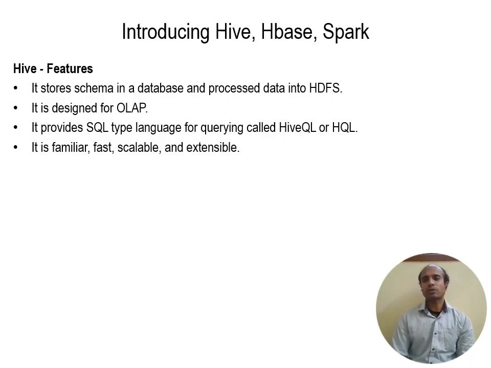I want you to find out what this OLAP is. Another feature is it provides an SQL type language for querying called HiveQL or HQL. The final feature is that it is familiar, fast, scalable, and extensible. So these are some of the significant features of the component Hive.